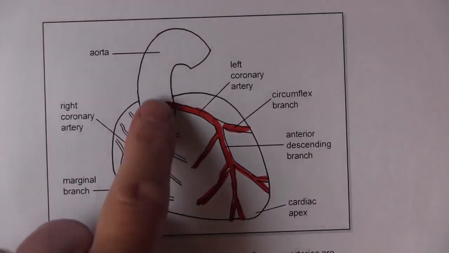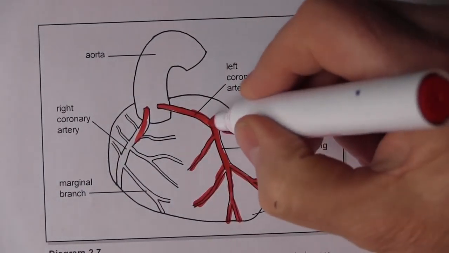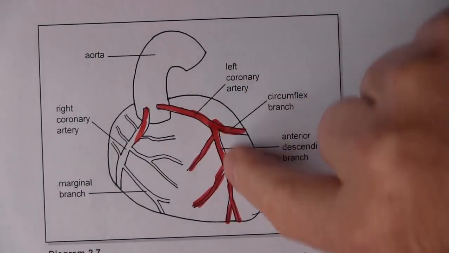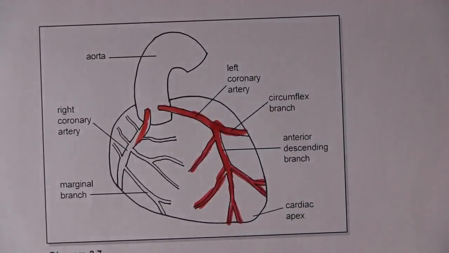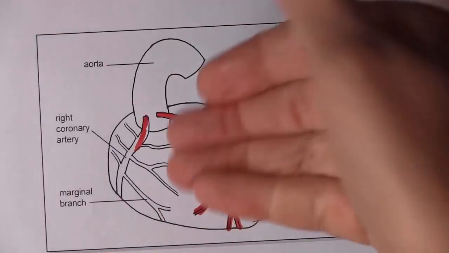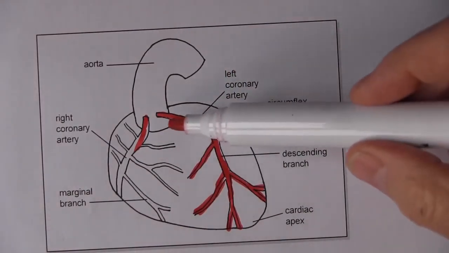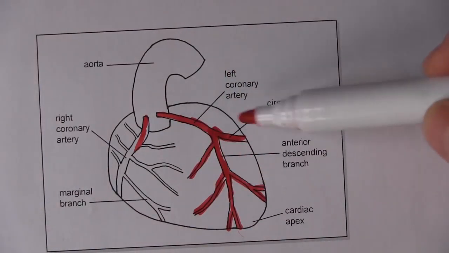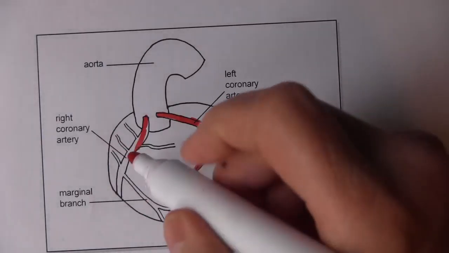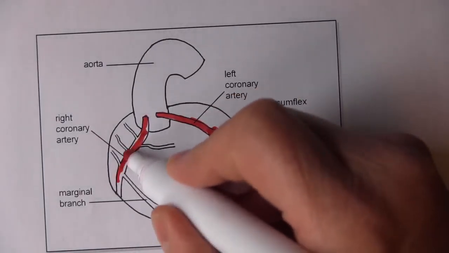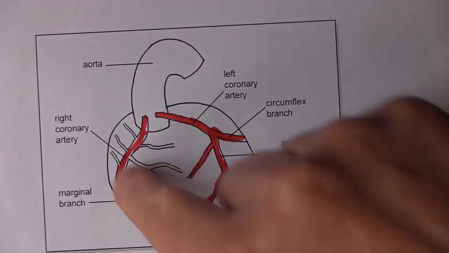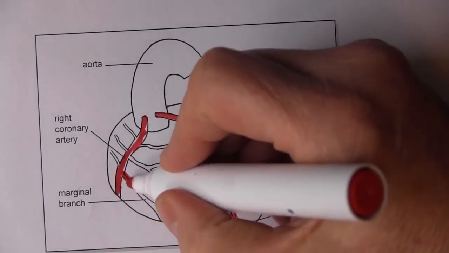But that's the left coronary artery. There's a main branch going down there called the left anterior descending branch, and one kind of goes round the back. That's called the circumflex. This is taking blood to the left side of the heart. And this right coronary artery here is taking blood to the right side of the heart and right down to the bottom, to the inferior parts of the heart as well.